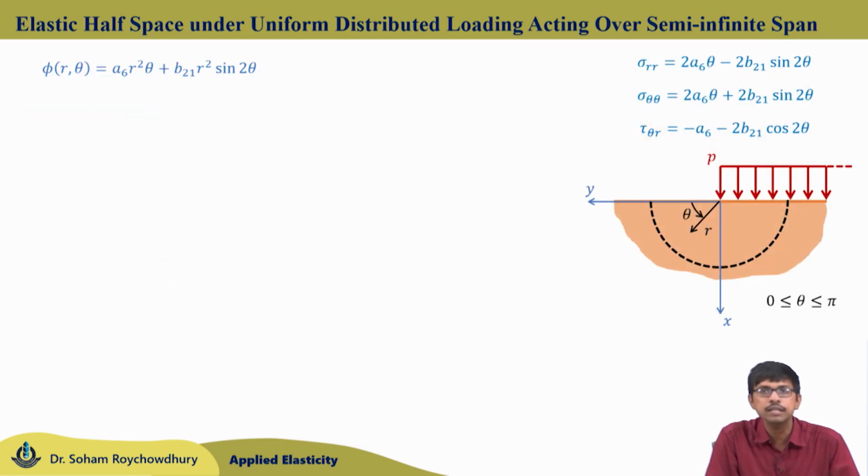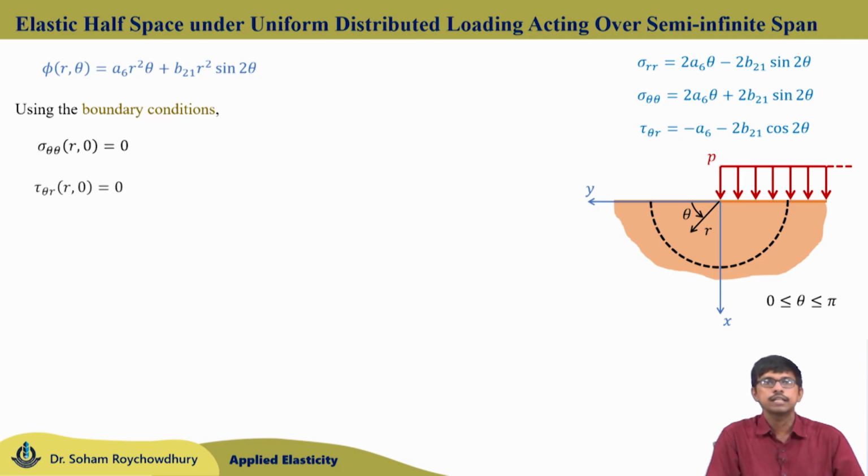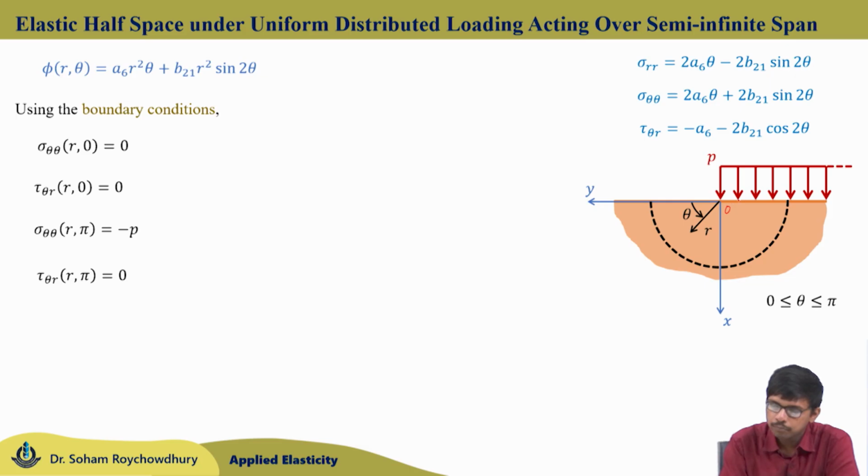Now, this stress function and the set of stress components obtained with the help of the relation between stress function and stress components must satisfy all 4 boundary conditions. If you look at the boundary conditions, for the positive y axis, that is theta equals 0, we have sigma theta theta and tau r theta to be 0.